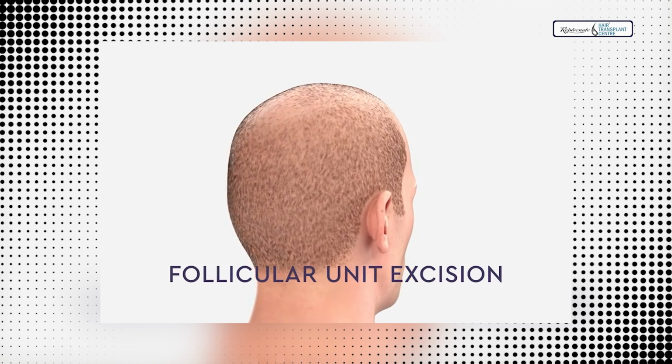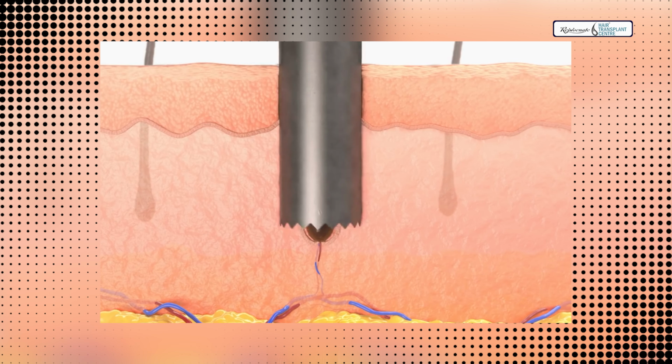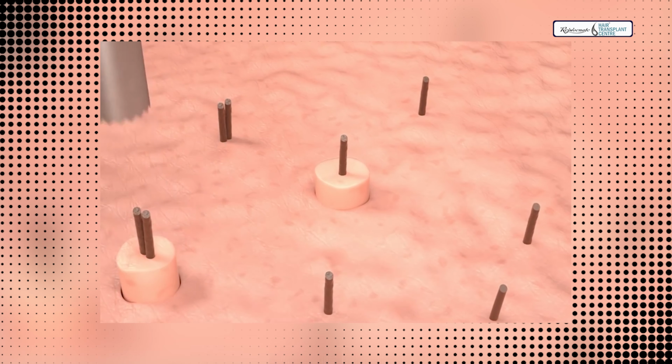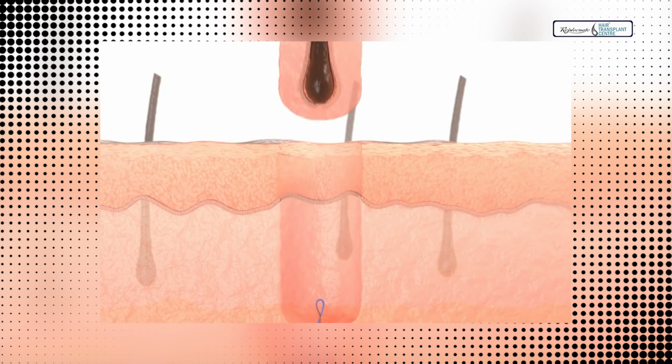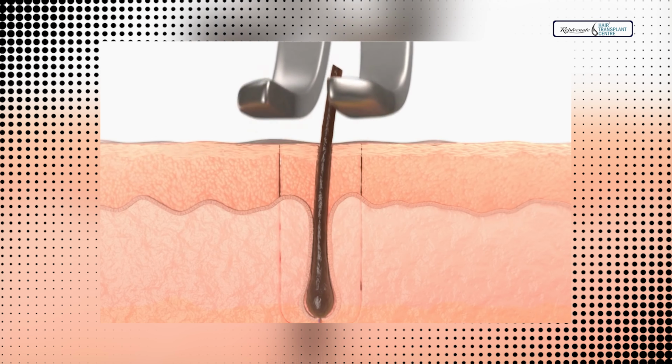In FUE, donor hair follicles are taken out from the back side of the head, maybe also from other parts, and individual hair follicles are harvested. In FUE there is no linear scar, no linear cut, and no strip of skin is harvested. Rather, individual hair follicles are harvested using a manual punch or, more commonly, a motorized punch.